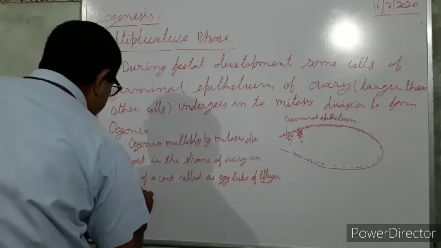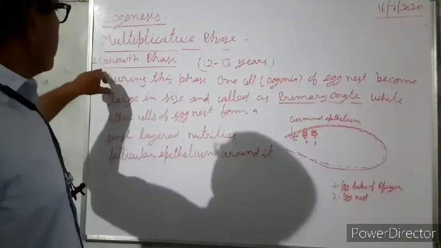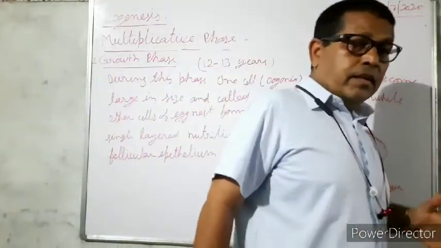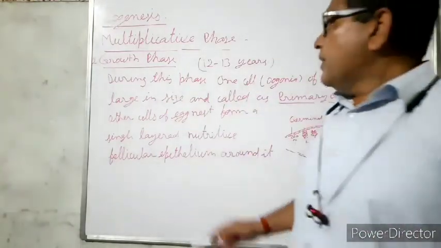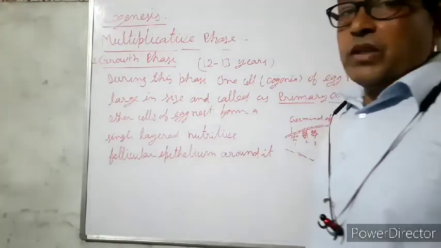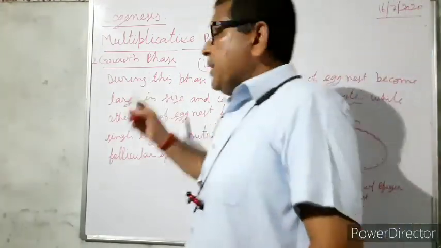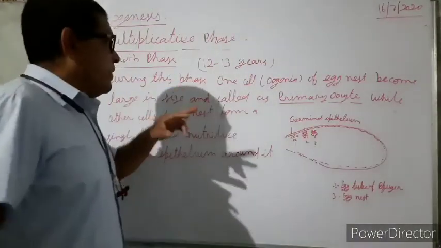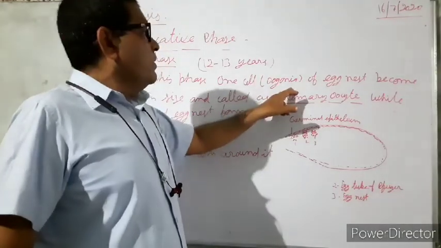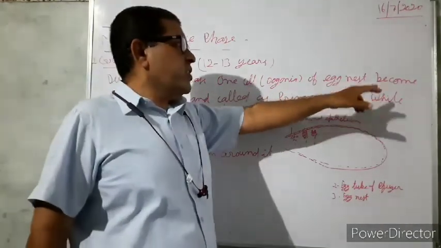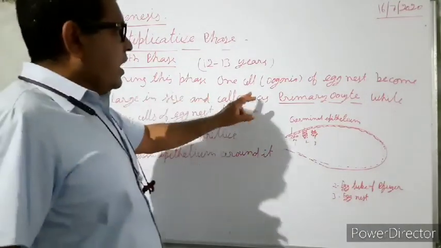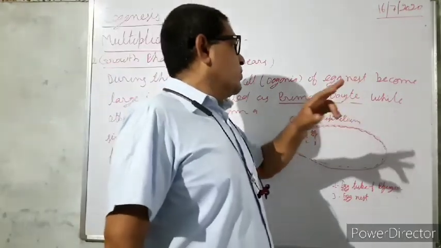Now the second phase is called the growth phase. It is a long duration phase and needs about 12 to 13 years. During this phase, one cell of the egg nest, that is oogonia, becomes large in size and is called the primary oocyte.